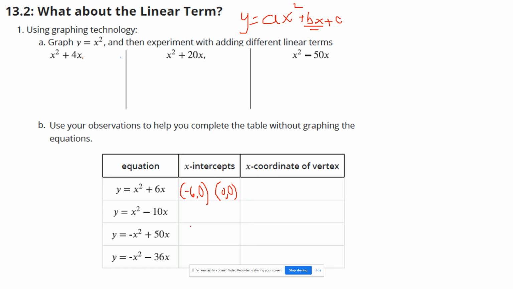So now the second one, y equals x squared minus 10x. Go ahead and figure out what this will become. Okay, so now that you had an opportunity to do that, the x-intercepts for this equation would be 10, comma 0 and 0, comma 0.